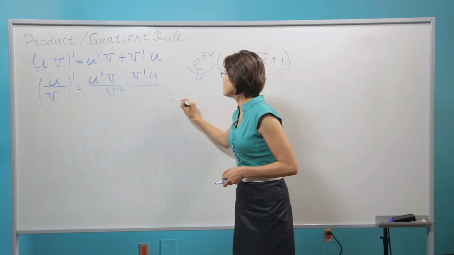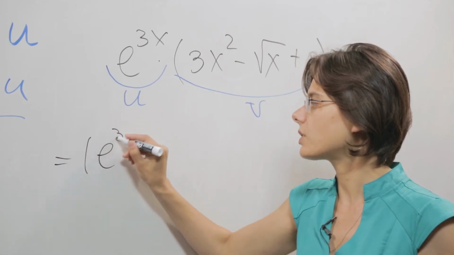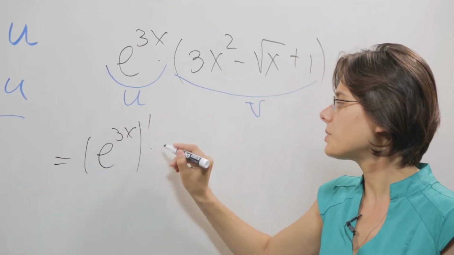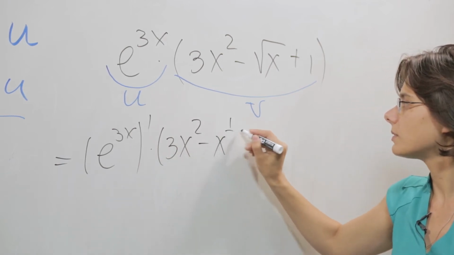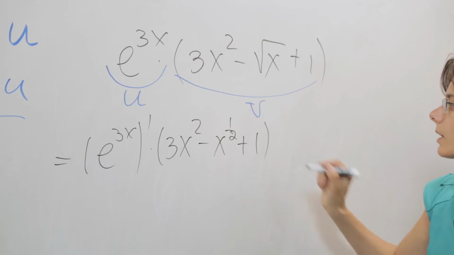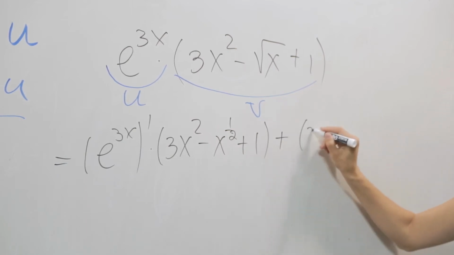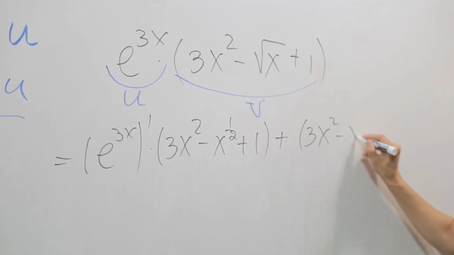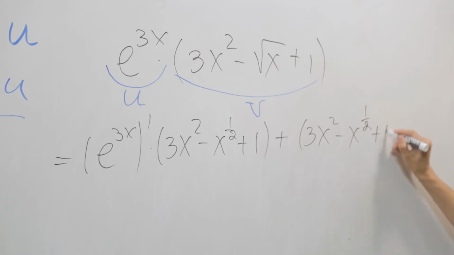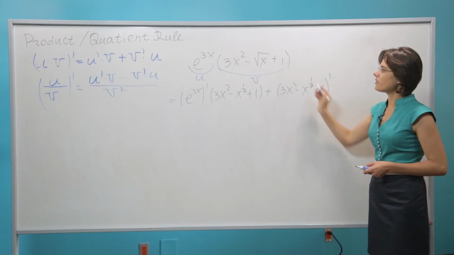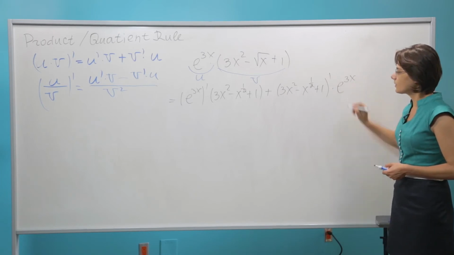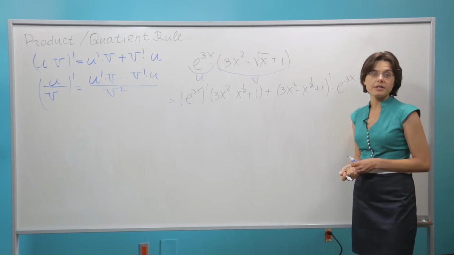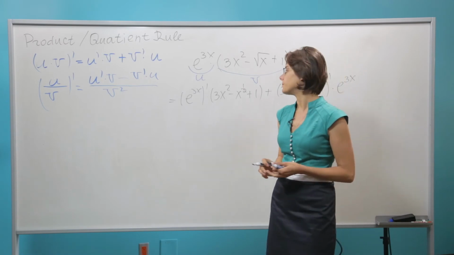So I have u prime, which is e to the power 3x prime, times v, I'm just rewriting my function v, plus v prime, so my function v derivative, times u. And now separately I would find derivatives of functions u and v.